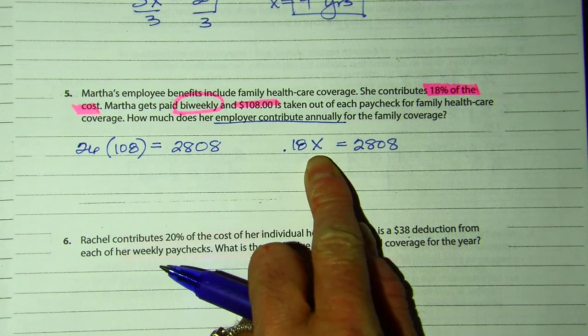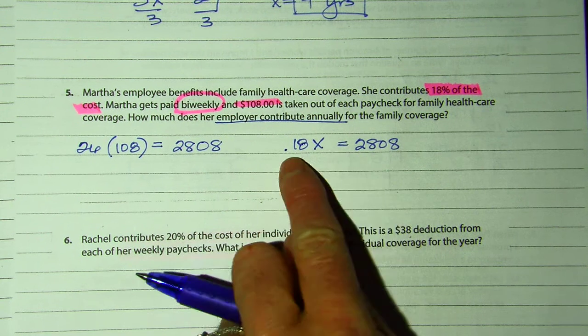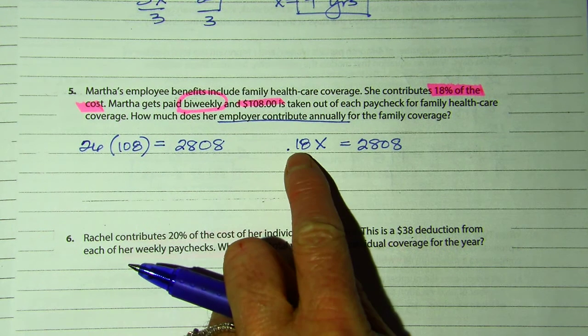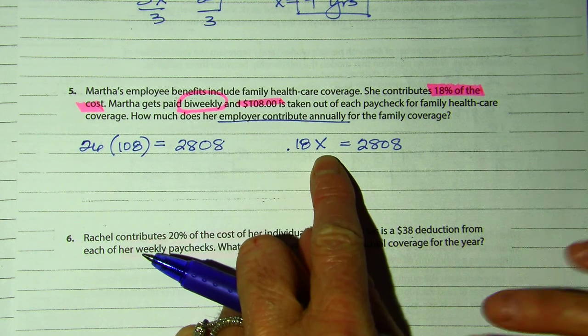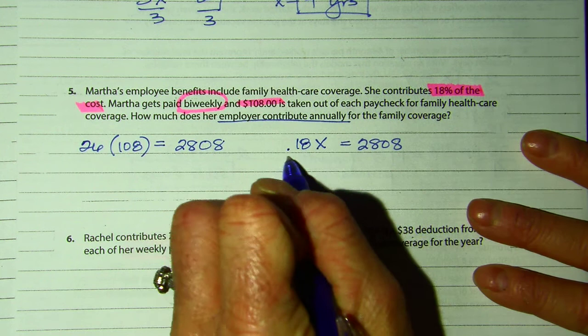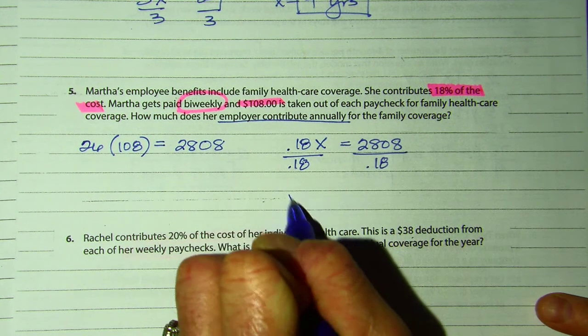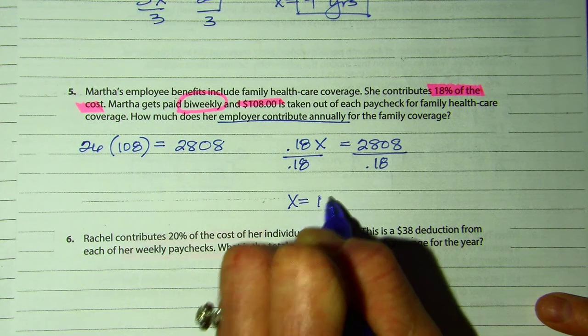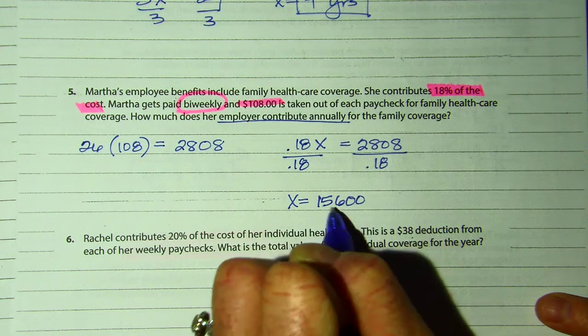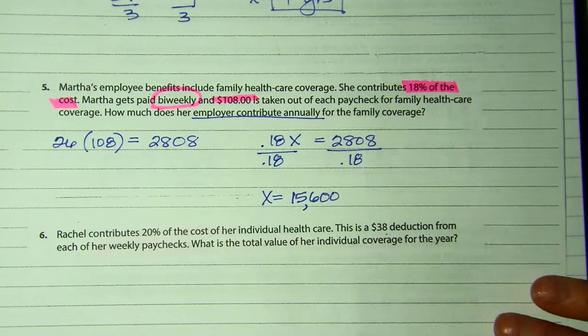She's only paying 18%. So this is her 18%, but I know this is 18% of some large number. So in order to find what that large number is, I'm going to divide by the 0.18. And if you use your calculator, you should get 15,600. Now that's the total.